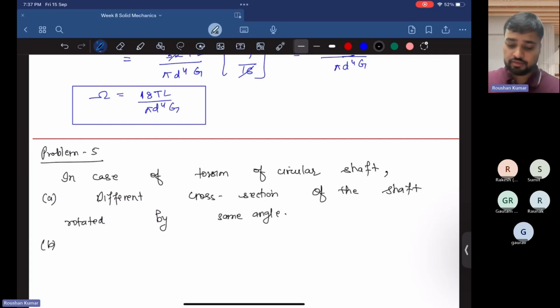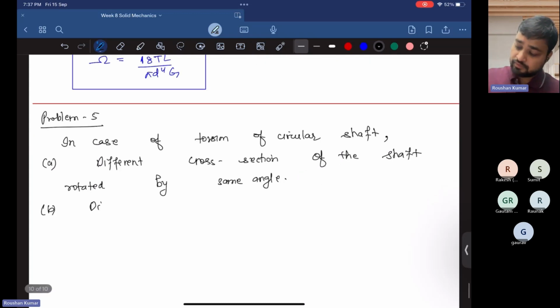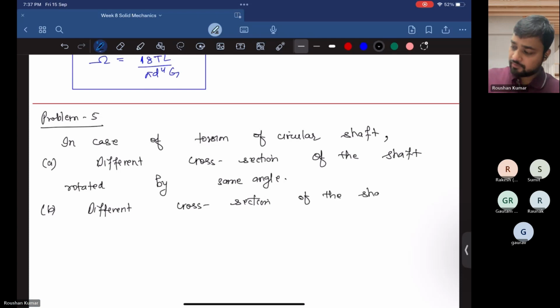The second option is: different cross sections of the shaft are rotated by different angles.